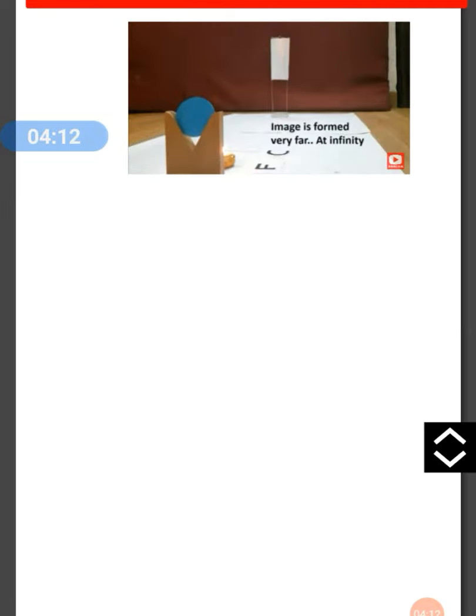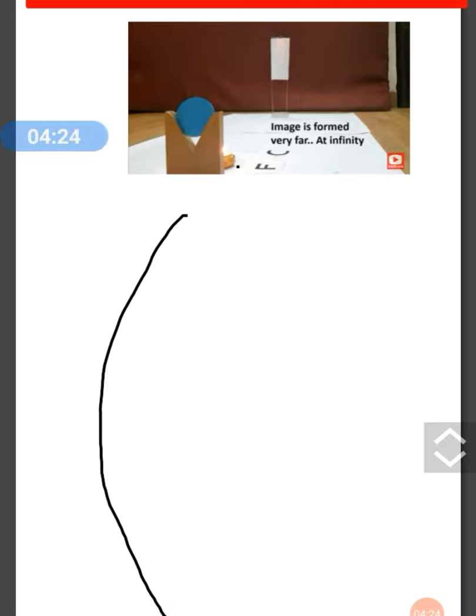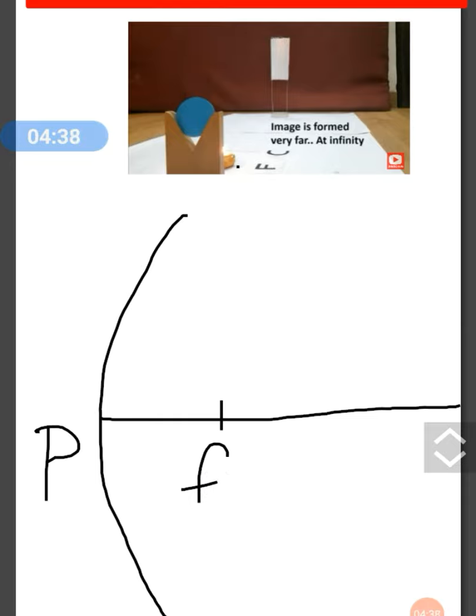Okay. Next, see here, if you take the object at F, you will get the image very far. The image is formed at infinity. See here, why is the image formed at infinity? See, focal point, center of curvature.